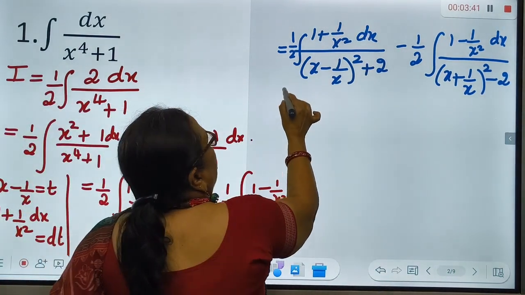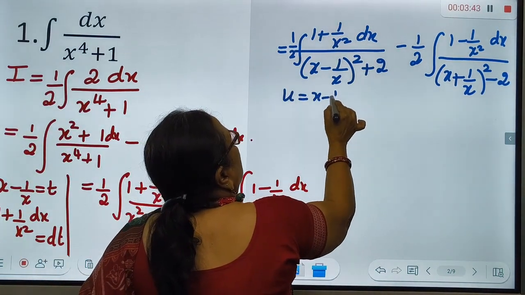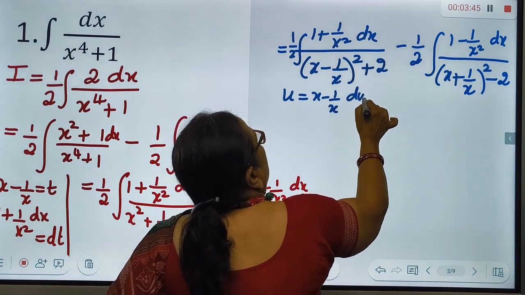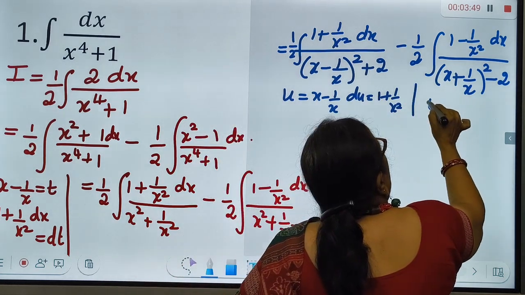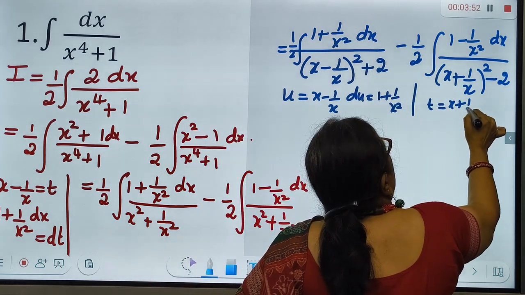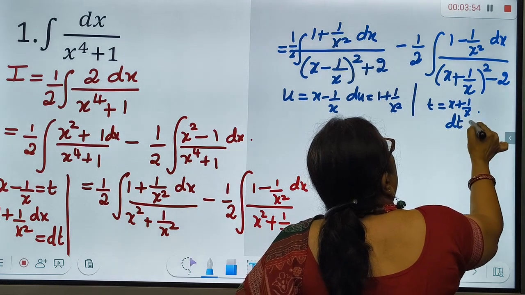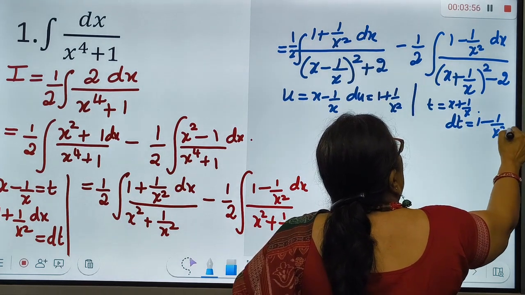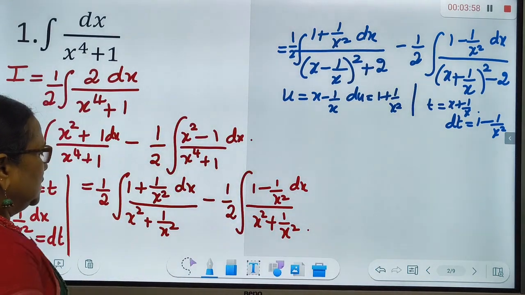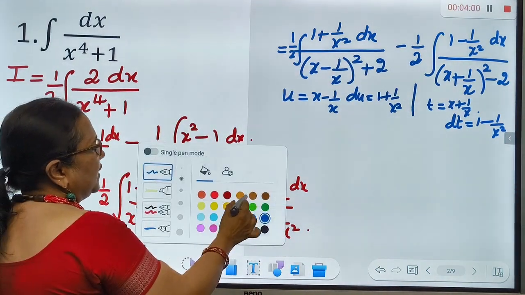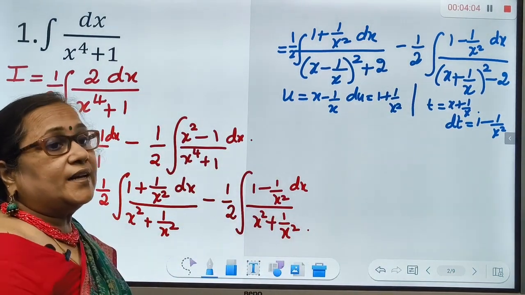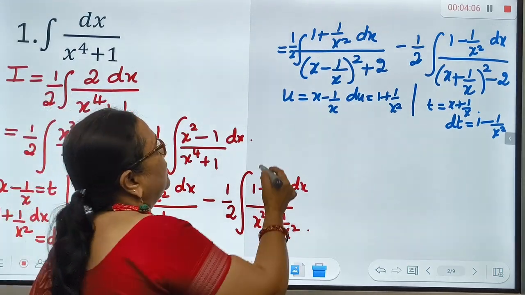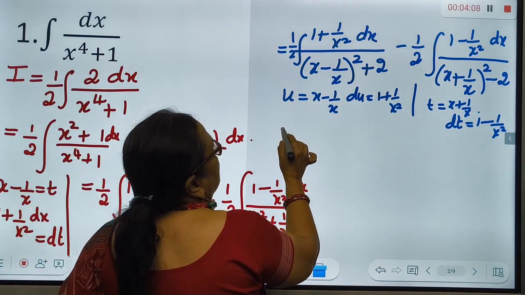Now, if I take u as x minus 1 by x, du will be 1 plus 1 by x square dx. If I take t as x plus 1 by x, dt will be 1 minus 1 by x square dx. So this is the technique we are using because it helps us to resolve the integral in terms of known integrals of known functions.